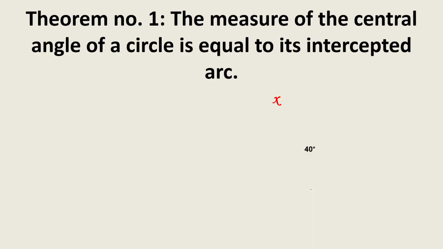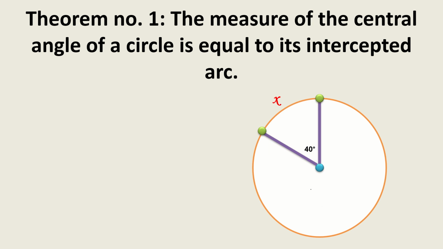Okay po. Again, for theorem number 1, the measure of the central angle of a circle is equal to its intercepted arc. So in this example, we have here a central angle. Kasi central angle, kasi nga, di ba? Ang vertex niya ay nasa center and it is formed by two radii of the circle. Now, ano yung measure ng central angle? The central angle na to, di ba, it measures 40 degrees. And again, according to theorem number 1, ang measure ni central angle is always equal to its intercepted arc.